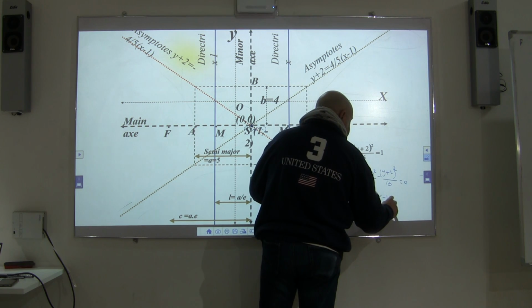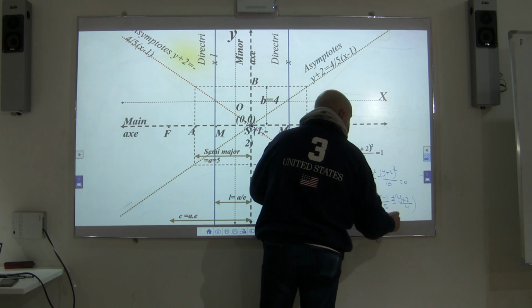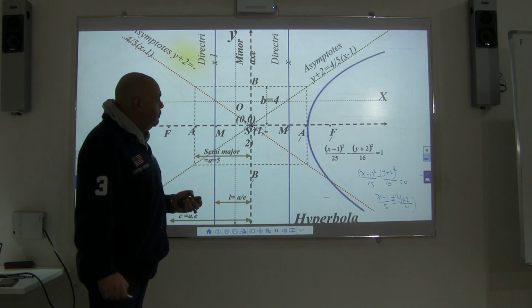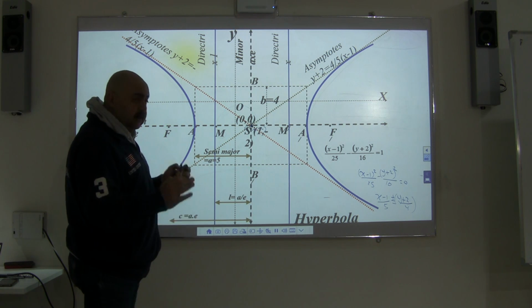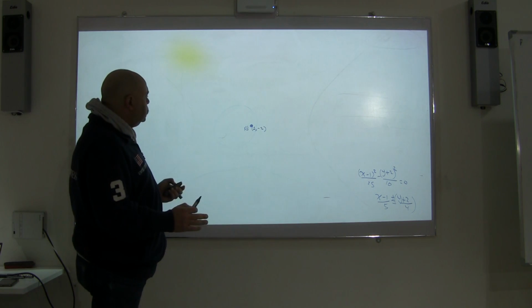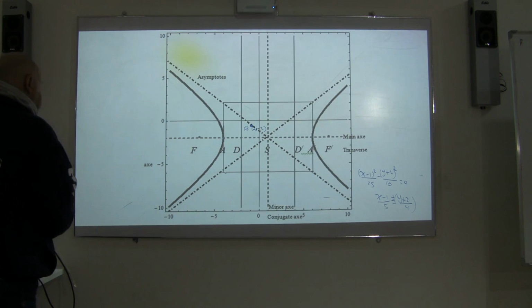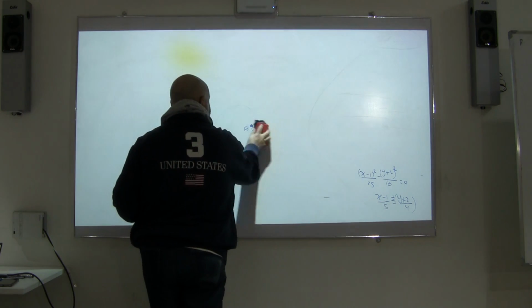So it's going to be x minus 1 over 5 equals y plus 2 over 4, positive or negative, and so it will give you the equations of the asymptotes. Here is your hyperbola as it should be done. Okay, this is all about the hyperbola and all about the graph issue and everything.